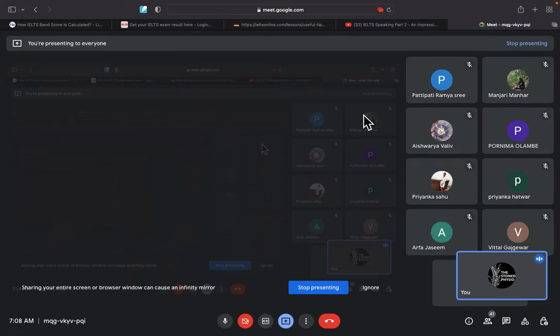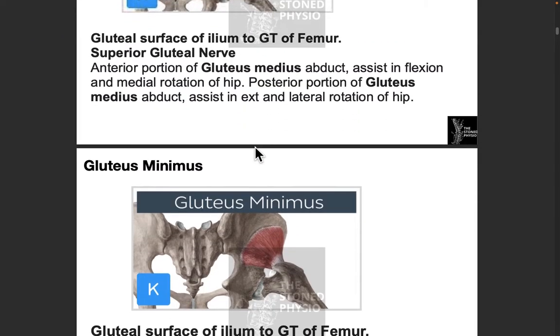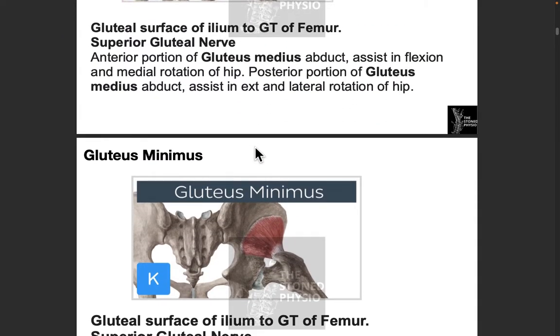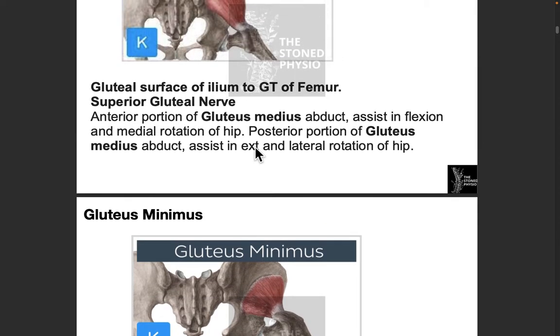Apart from that we can use vastus lateralis as well. So these are the two most common muscles. Apart from that, the deltoid is also used for intramuscular injections. So gluteus medius and gluteus minimus both have the superior gluteal nerve as their nerve supply.